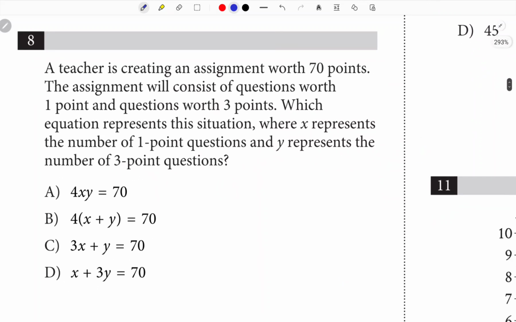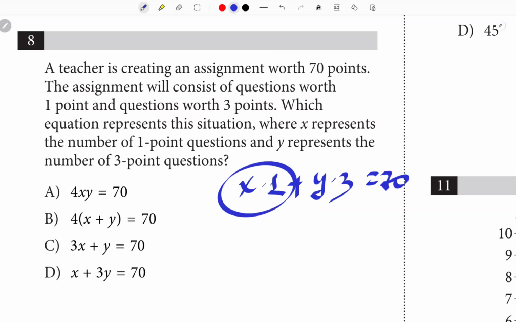Okay, next question. A teacher is creating an assignment worth 70 points. The assignment will consist of questions worth 1 point and questions worth 3 points. Which equation represents this situation, where x represents the number of 1-point questions? So I write x times 1. y represents 3-point questions, so it means y times 3.